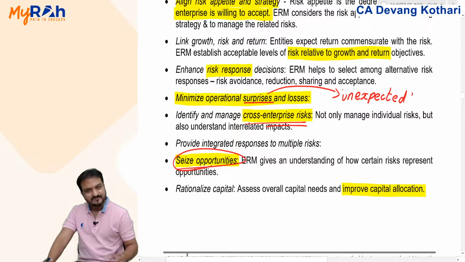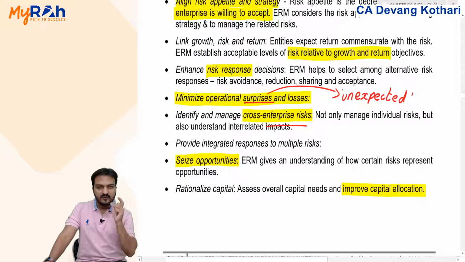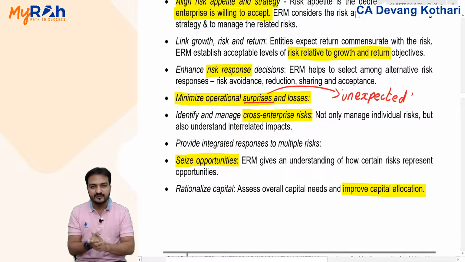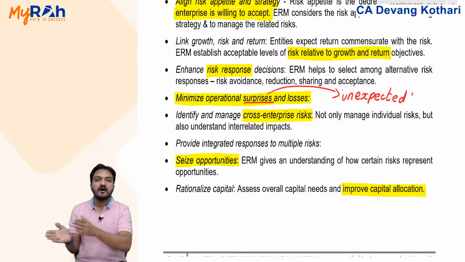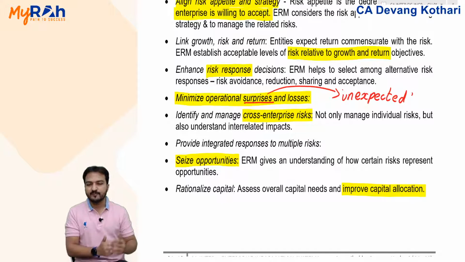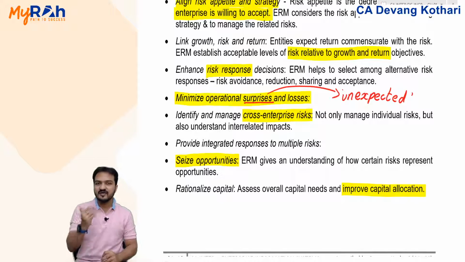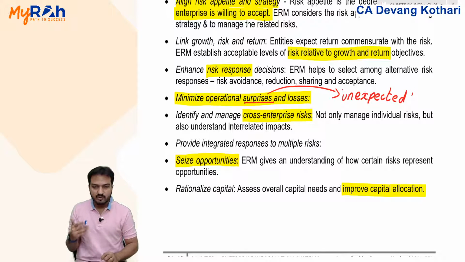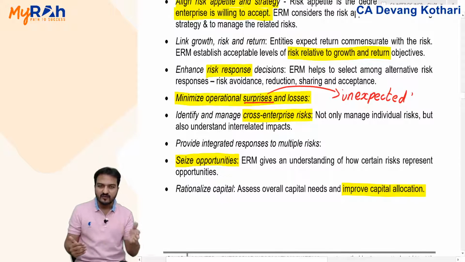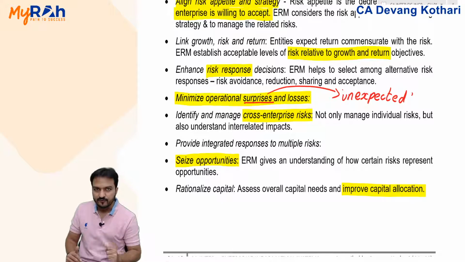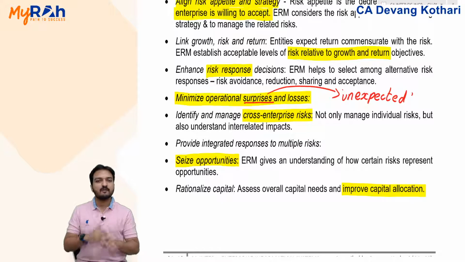Seize opportunities. Look, I told you that there is a very small difference between risk and opportunity. Something that one person considers a risk, another person might consider an opportunity. Like giving your CA exams, you might find it risky because there is a fear of failure. But if you look at it in another way, giving CA exams is also an opportunity for you to prove your intelligence and your abilities.